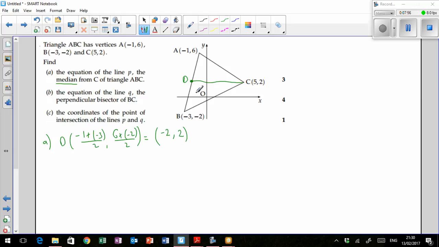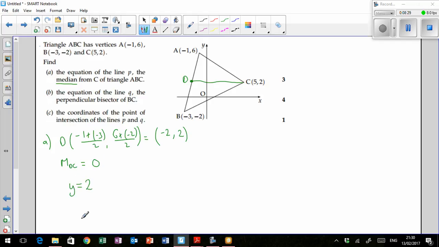Now we need the gradient of DC. You should hopefully see that because they're both 2 high, this is now the point minus 2, 2, and that's the point 5, 2, that the gradient is going to be 0. But that will come from your y2 minus y1 anyway. And because the gradient is 0, your equation is just going to be y equals, because the only thing that horizontal line is going to have in common is the y coordinates. So your equation is going to be y equals 2.